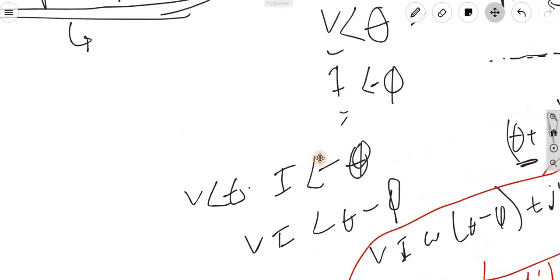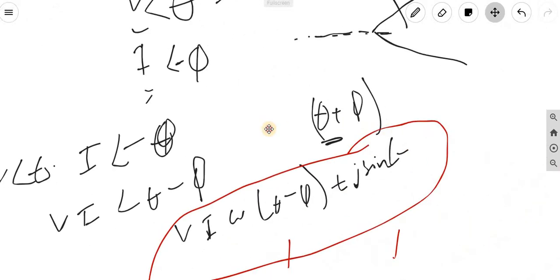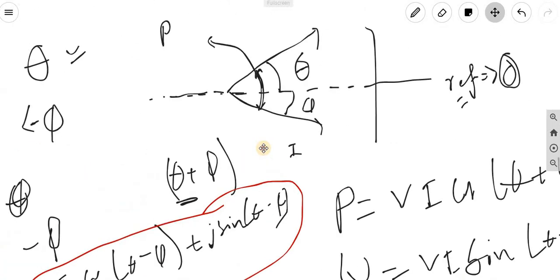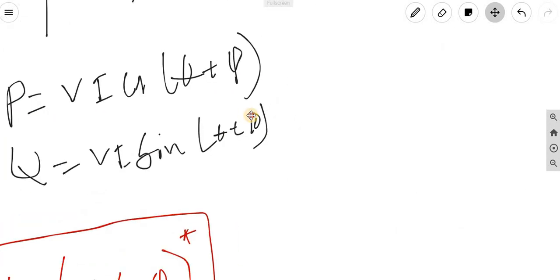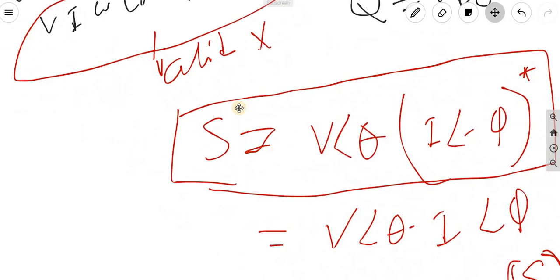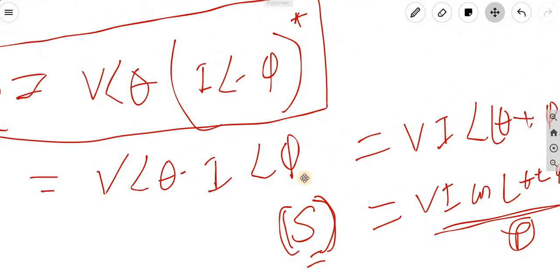If we just multiply without the conjugate, the expression is no longer valid. To get the valid expression, you have to take the conjugate of the current, and then we get the complex power equation.